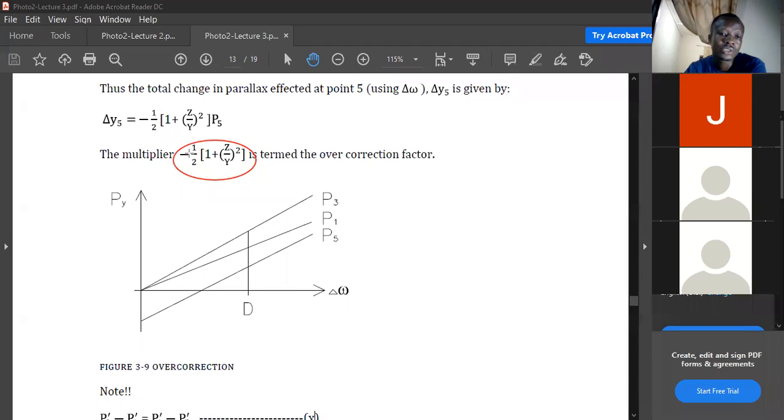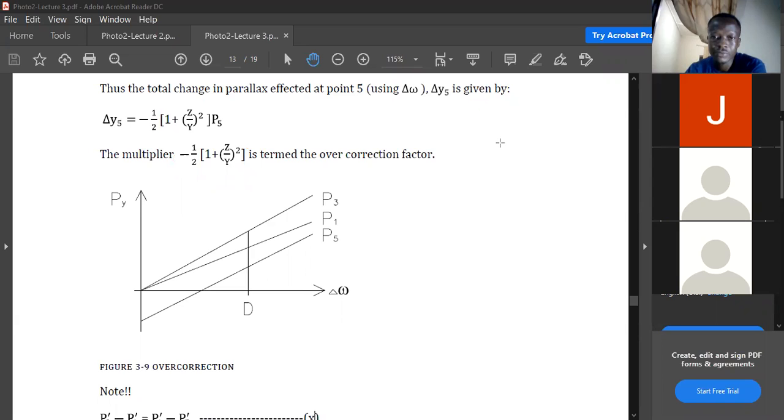Remember that the photo coordinate is small letter x, y, model coordinate big X, Y, Z, and in relative orientation we deal with the model. And then we can use the overcorrection factor. Depending on the type of camera that is being used, we have a certain overcorrection factor. I want you to note that as well.